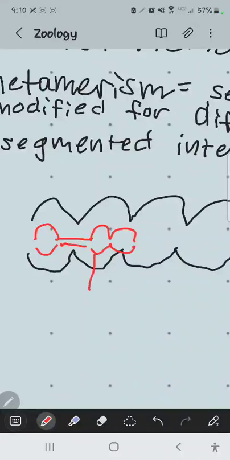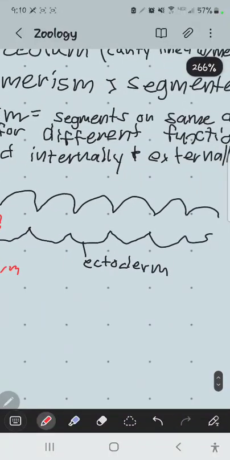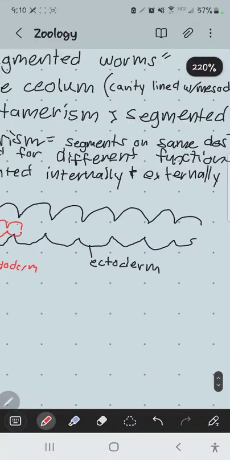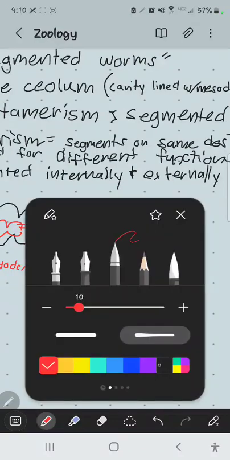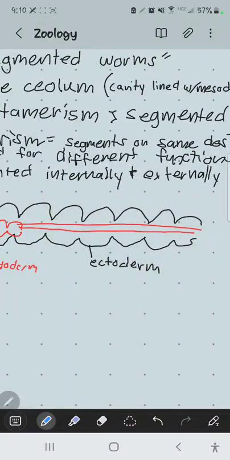internal lining. And then there is mesoderm lining both the ectoderm and endodermal layers. So the key feature of a true coelom here is that our body cavity is entirely mesodermally lined.